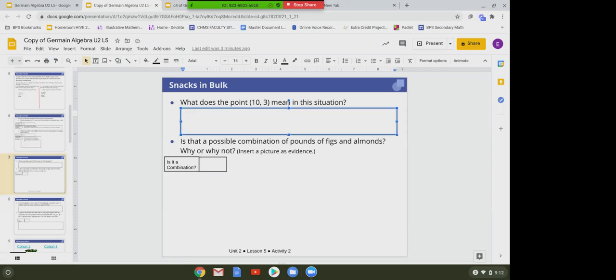Awesome. We're taking another 25 seconds for ourselves. I'm going to have Elliot unmute and tell me what this point means in the context of the story, and then I'm going to have John unmute and tell me, is it a possible combination? So get ready, Elliot.